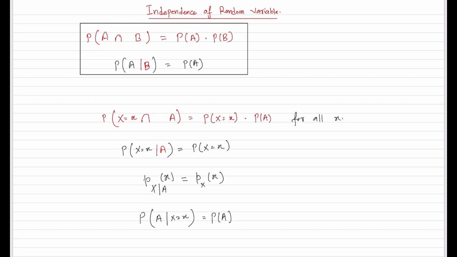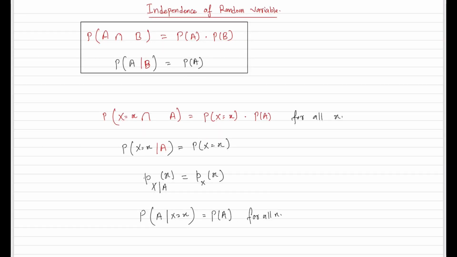And this has to be again true for all the values of little x. So if I tell you the value of X, the conditional probability of event A is not going to change. It will be the same as the unconditional probability.